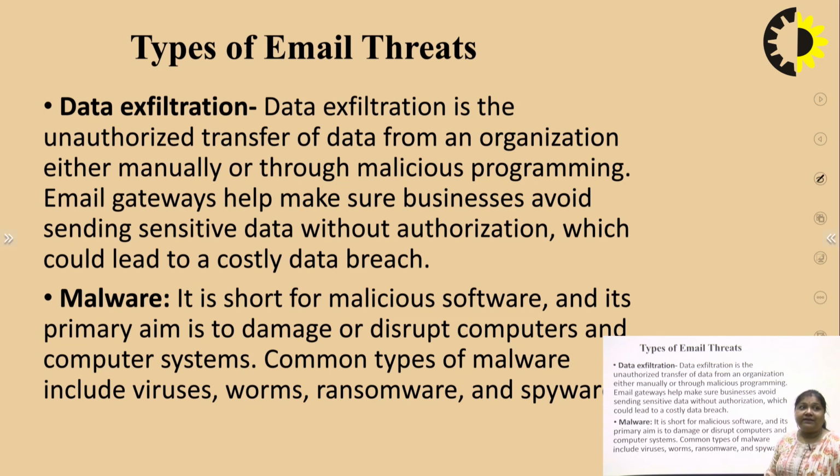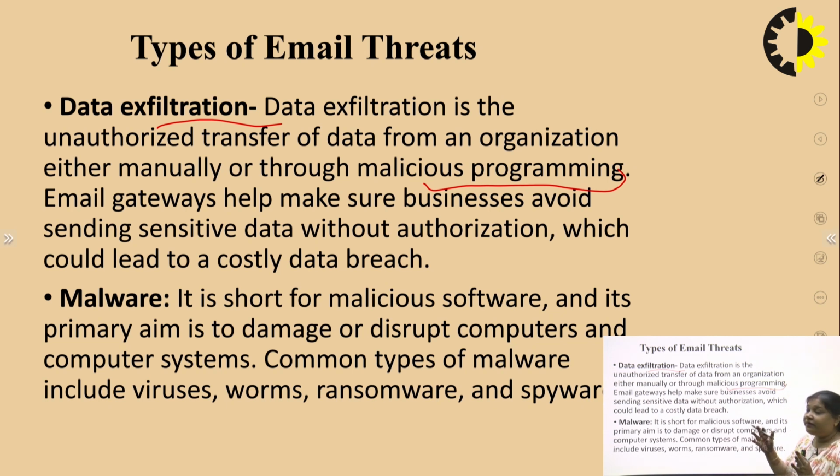Now, these are some types of email threats, like data exfiltration. It is the unauthorized transfer of data from an organization. It can be done manually or through some malicious programming. So data can be transferred from one place to another, or one system to another, through a network.